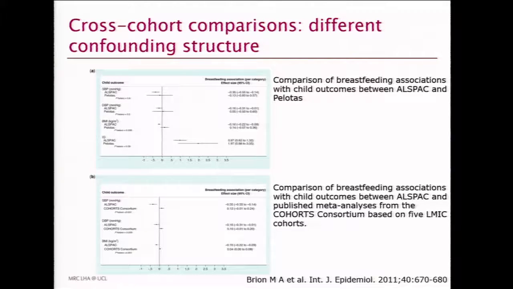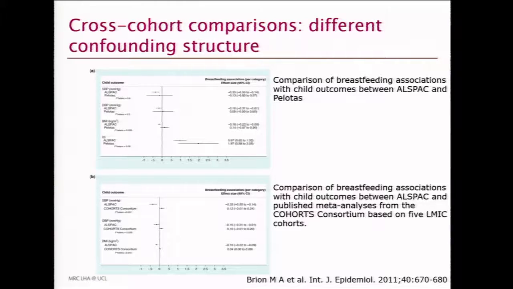So this is a cross-cohort comparison from the ALSPAC study and the Pelotas cohort in Brazil. I don't know whether you can see it, and it would be nice if I could point it out, but the top plot shows the association between breastfeeding and systolic blood pressure, diastolic blood pressure, BMI, and IQ in first ALSPAC and then the Pelotas cohort.